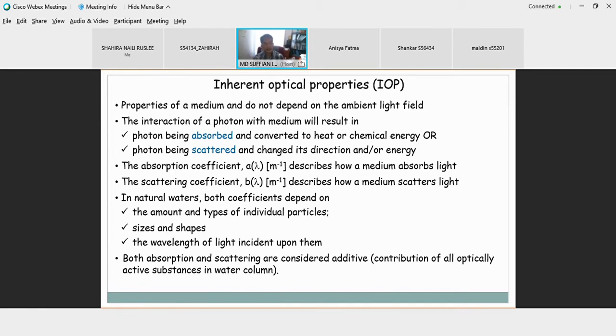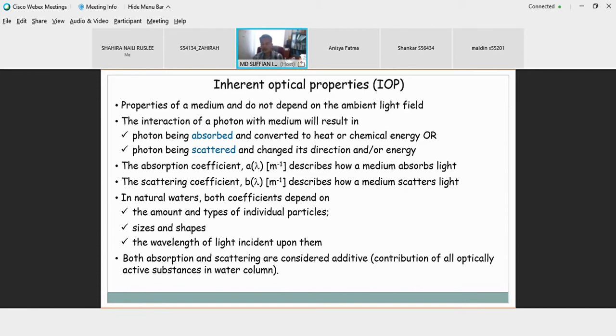Ataupun dia scattered and change in direction and energy. So dia boleh ada dua, sama ada dia absorb, dia scattered, ataupun dia transmit. Transmit, that means it does not change the incident light. So dia jarang sangat dia akan transmit lah, kecuali kalau it's a pure water, very clear water.